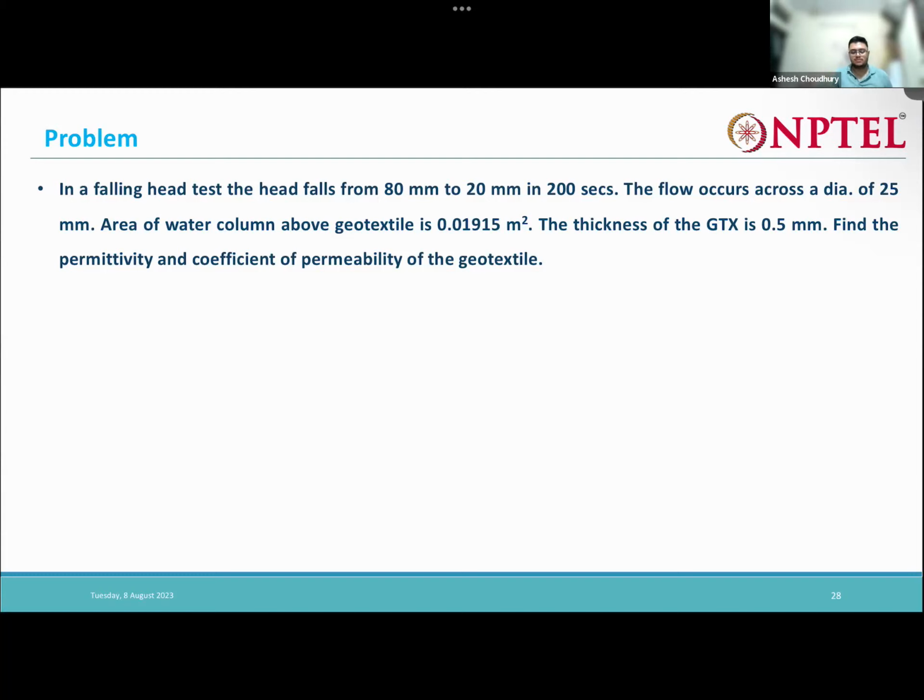Please calculate. Just now we discussed the formula. H naught is given, HF is given, time is given, 200 seconds. Then area of water column above the geotextile is given.